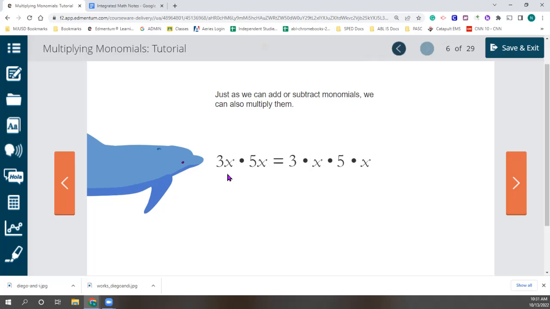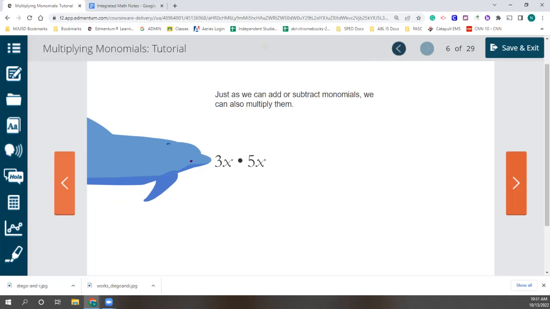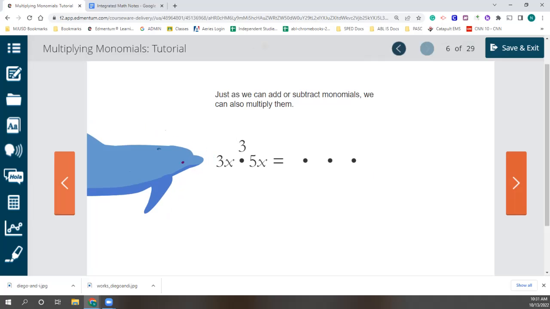That shows what's called the distributive property. Let's see that again. So it's this, 3x times 5x is the same as 3 times x times 5 times x.